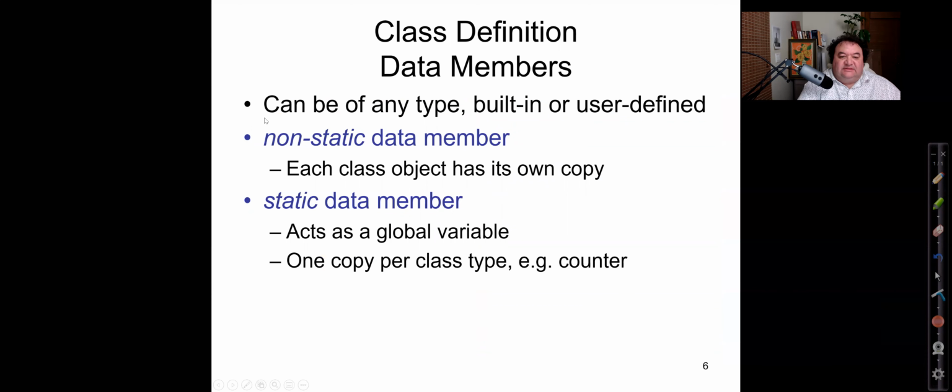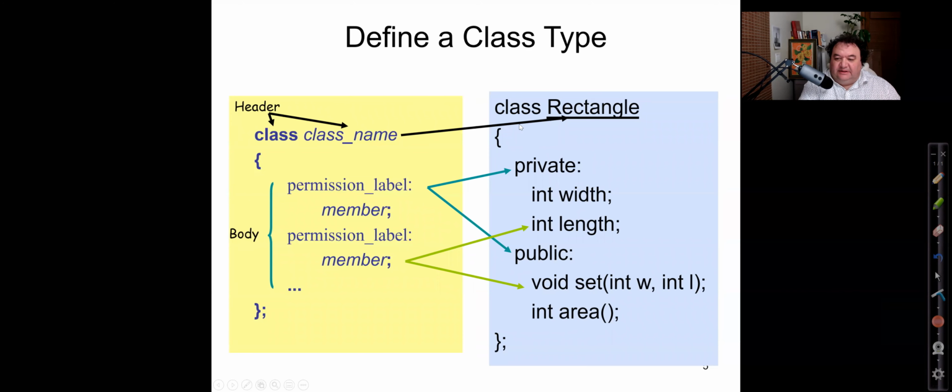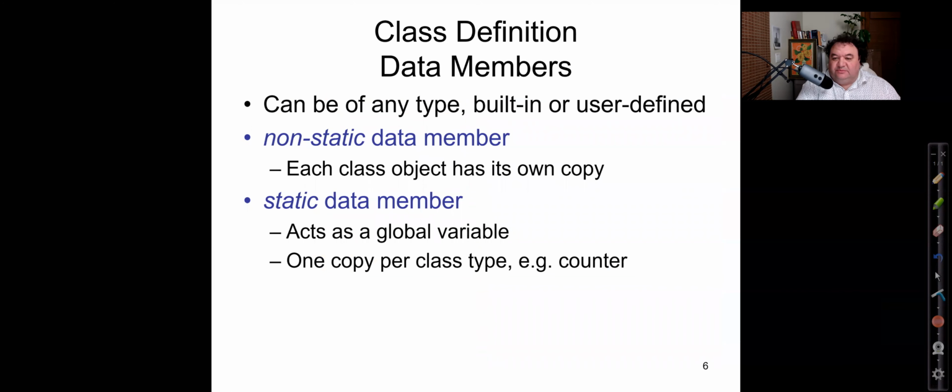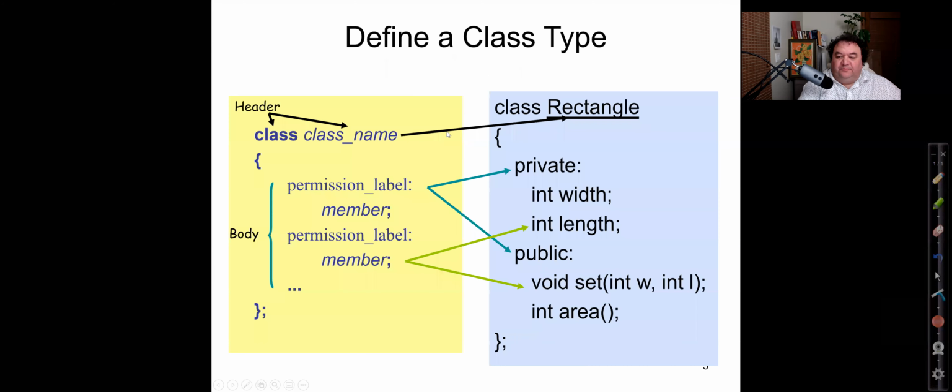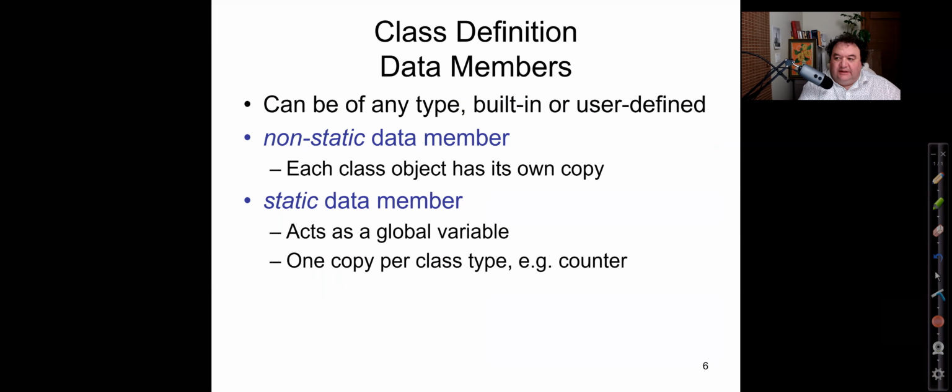So the elements inside can be any type, obviously built-in types, like here we have integers, but those could also be other classes. So they don't have to be built-in, they can be user-defined, a type that is not an integer.